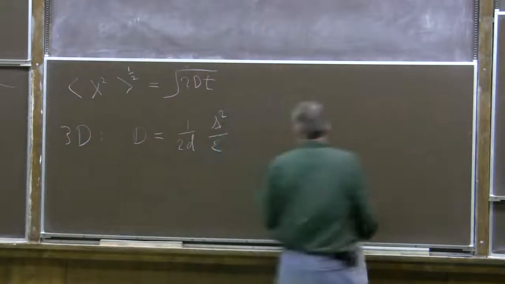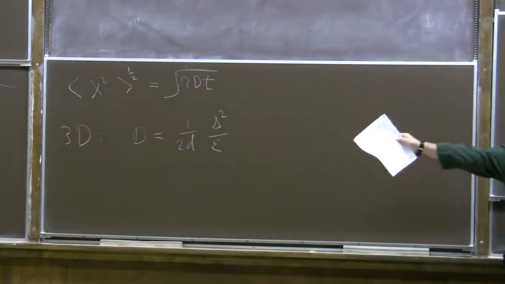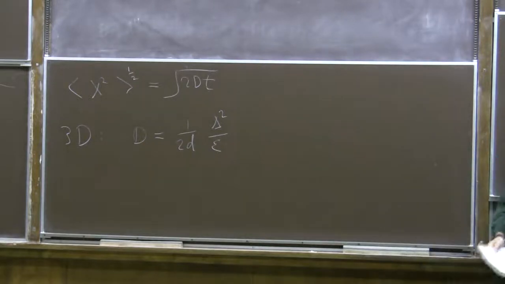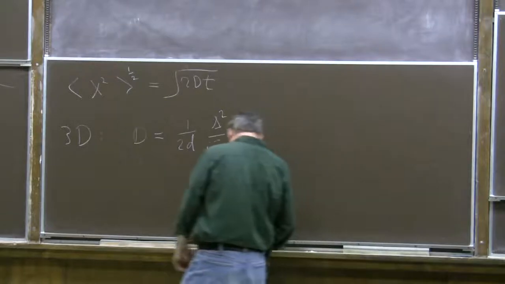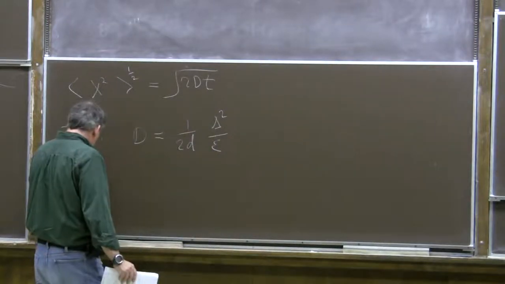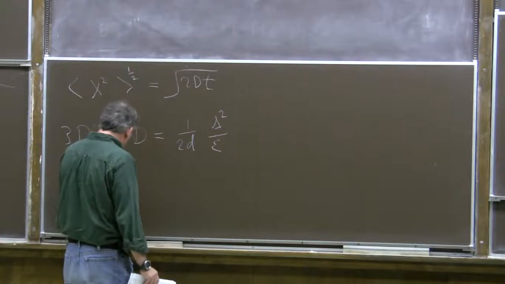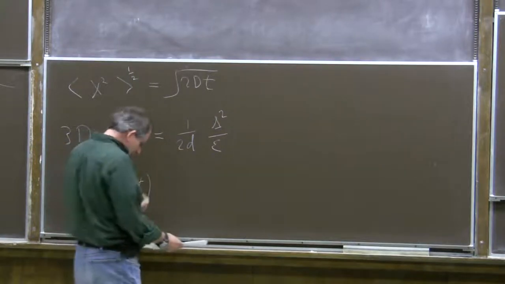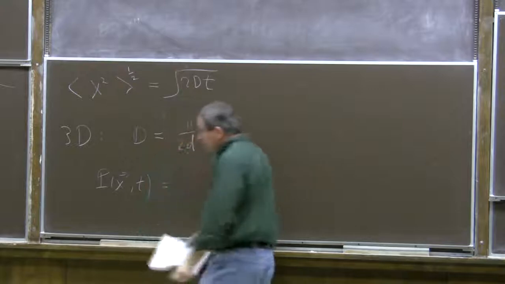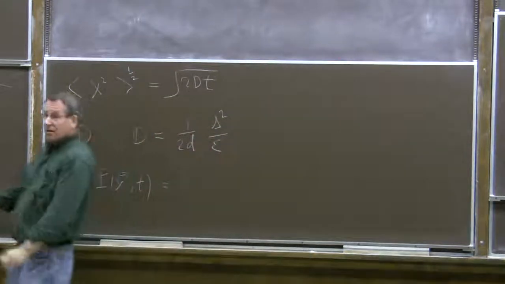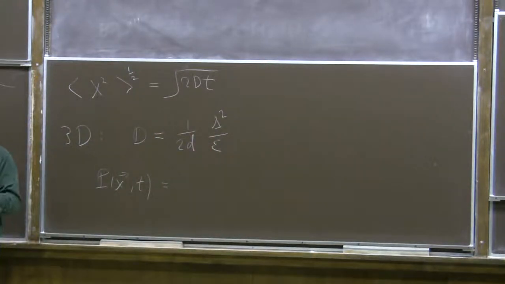And our expression, if we start out with probability 1 of being at the origin, a delta function in 3 dimensions, at time t, we'll have a probability distribution for the 3-dimensional position, which is just the product of this distribution 3 times governing the x, y, and z displacement.